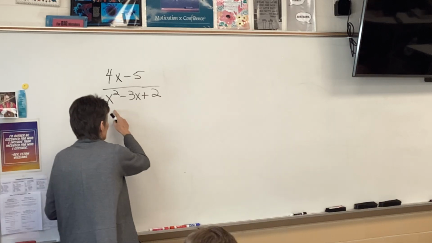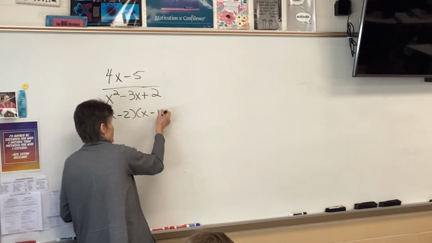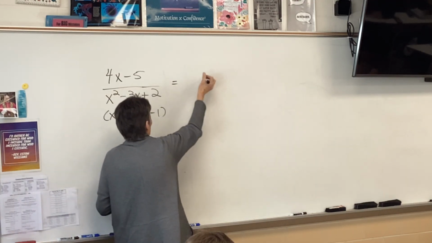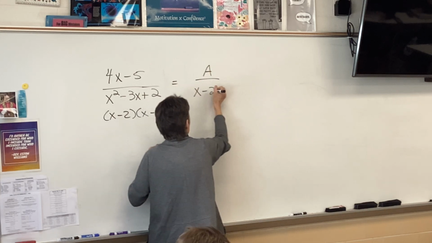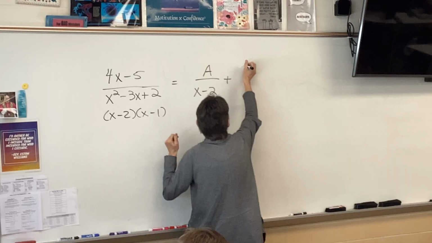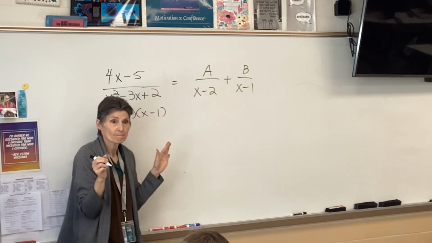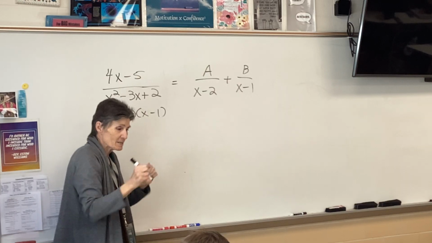So first thing we do is figure out what our factors are. So x minus 2, x minus 1. And then we know we're going to have something over x minus 2 and something else over x minus 1. All right, everybody's busily writing.